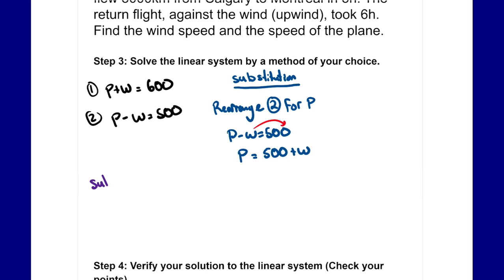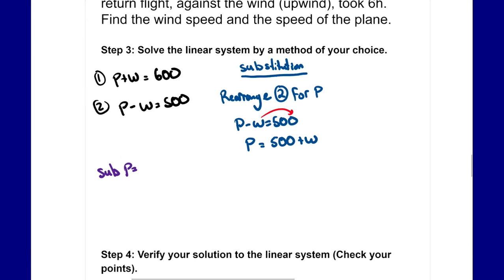Next, let's sub P equals 500 plus W into the other equation, so equation 1.